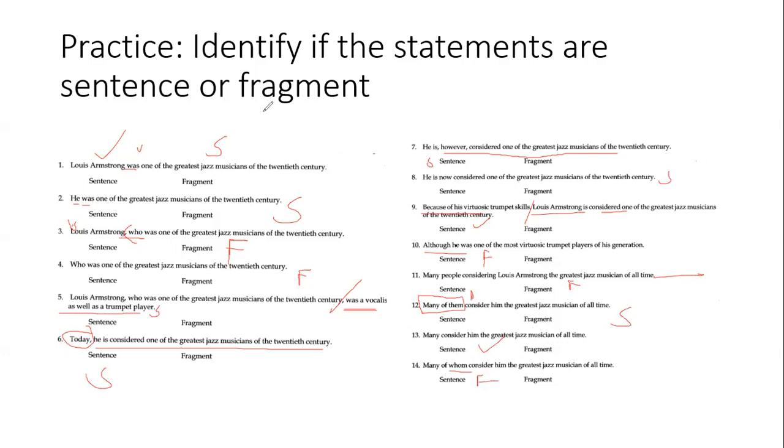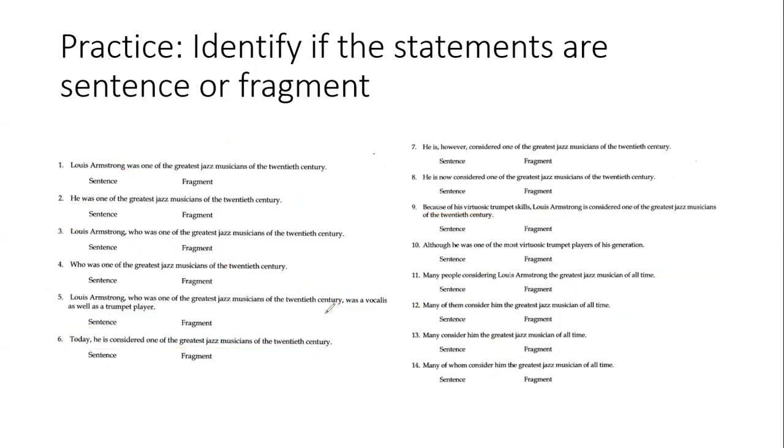Okay. Are we done? But it is not non-essential, right? We are not talking about essential and non-essential. As far as grammar is concerned, which question was that? However, right? What was the question? 7.